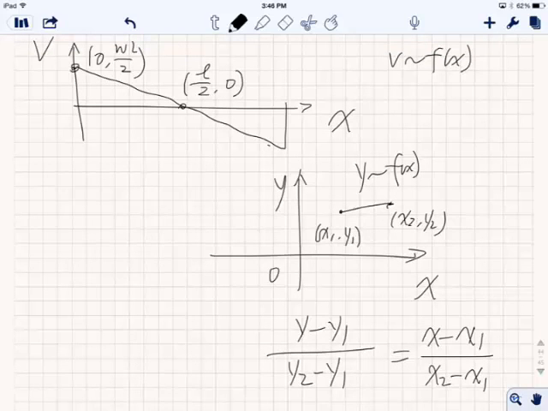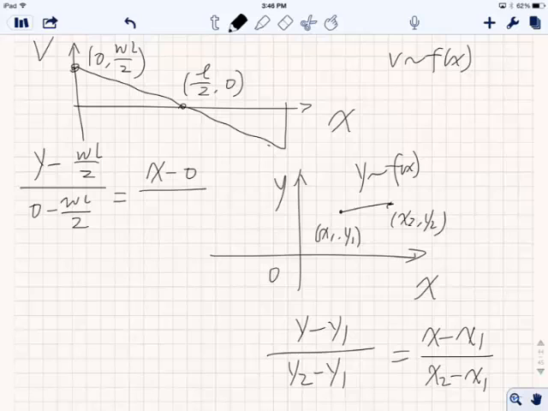Okay, now let's plug this thing in. I'm going to use x and y to represent the x direction and shear force. In this case, shear force is my y. Okay, all right. So over here we have y minus WL divided by 2, divided by 0 minus WL divided by 2, equals x minus 0 over x2 minus 0.